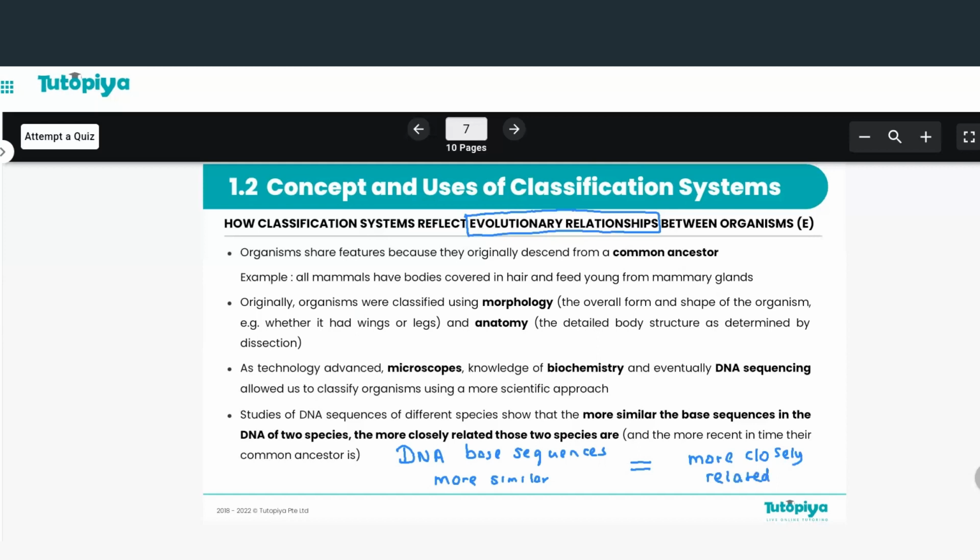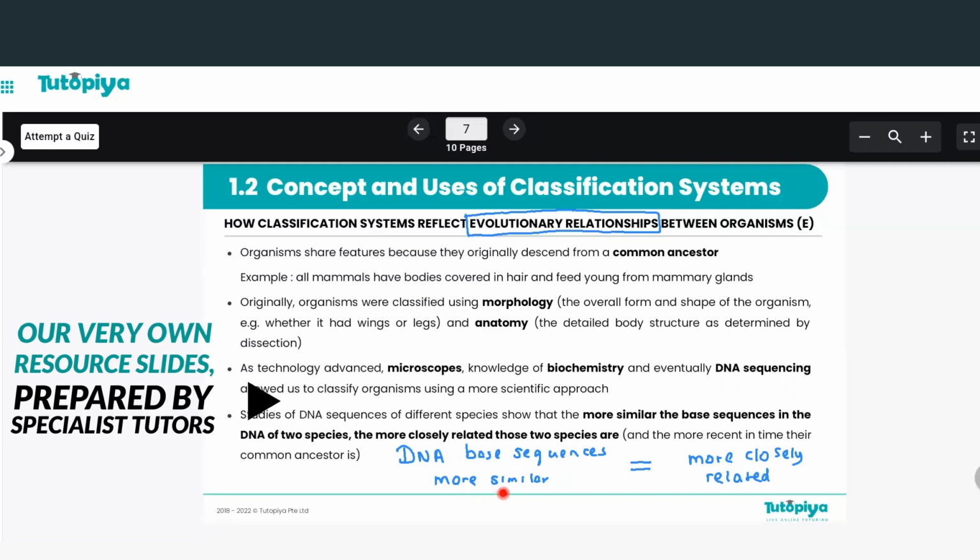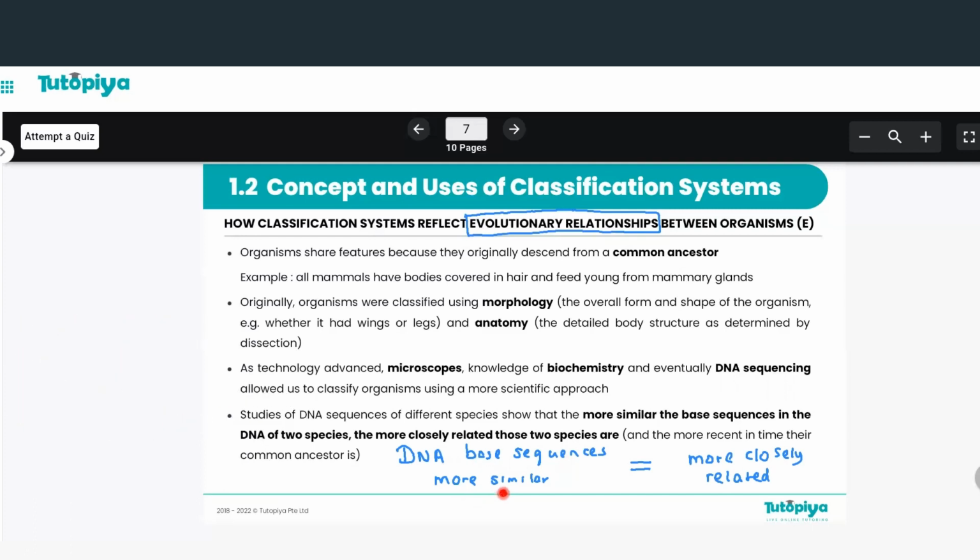That is the modern system of classification. That's what is being done now that technology has advanced and DNA sequencing of every organism is being done. So we consider the DNA base sequences of every organism, and the more similar these sequences are, we say that these organisms are more closely related to one another.